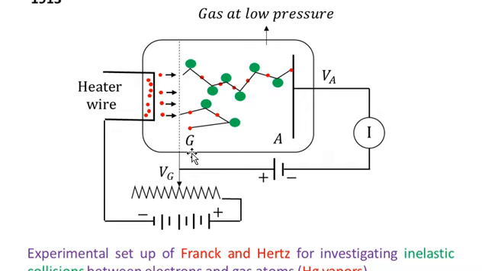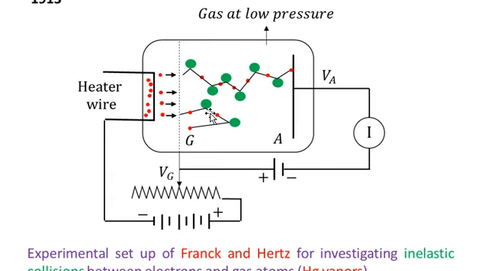So the grid voltage again is very important. Here we want to increase the value of Vg, starting from a very small amount, and you see that when this Vg becomes enough, that is, the kinetic energy of the electrons, e times Vg, is enough to impart the energy required for the first excitation of the mercury atoms, then of course the energy will be imparted, and the mercury atoms will be excited to their first excitation energy.